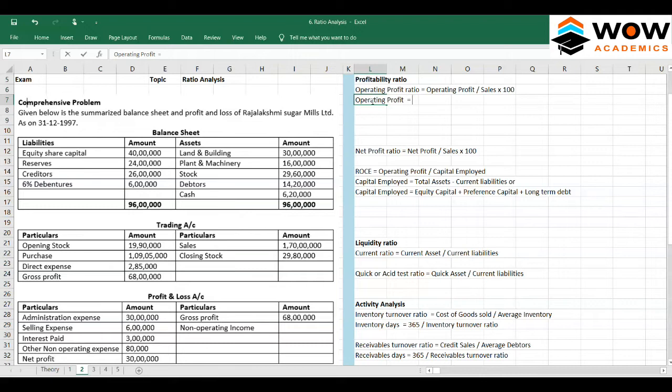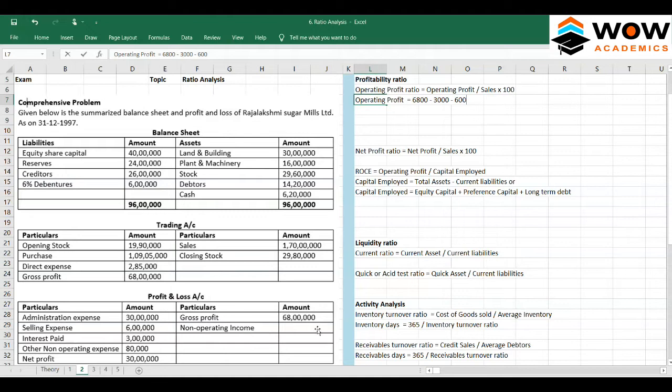If you take operating profit, it's going to be the gross profit 6800 minus the administration expense, thereafter selling expense, which I have to deduct. So selling expense is 600.